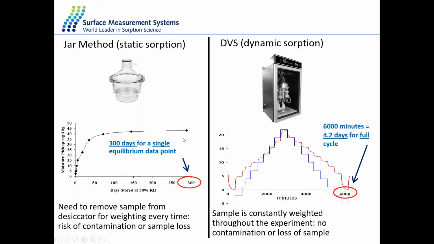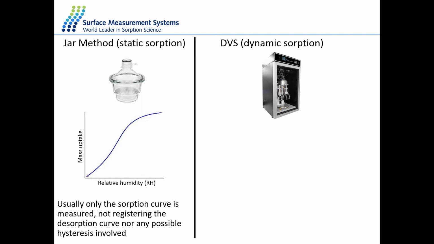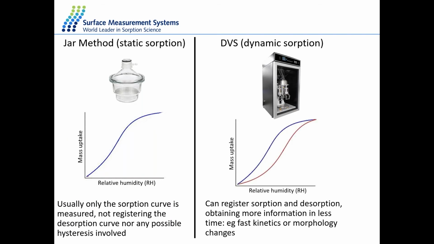We are only measuring the absorption, while in a DVS, we can actually measure the absorption and desorption, which allows us to plot then the isotherm. In this case, for a jar method, it is only of the absorption cycle, but for a standard DVS experiment, we can plot absorption and desorption, and also calculate the hysteresis, which is the gap between the absorption and desorption.